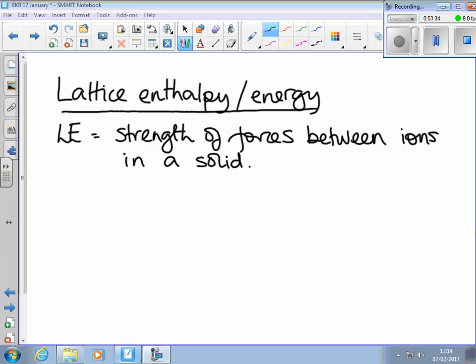Hopefully that goes without saying. I don't think I need to write that down. Now, you'll only completely break those forces if the ions are gaseous and so far apart that there is no degree of attraction between them. Because you've got to break all the forces.